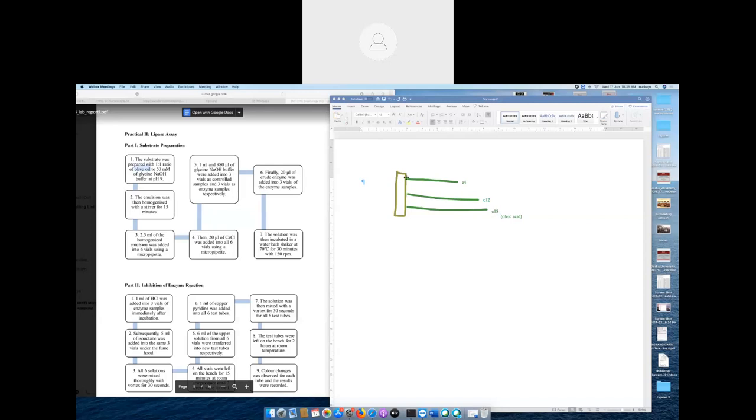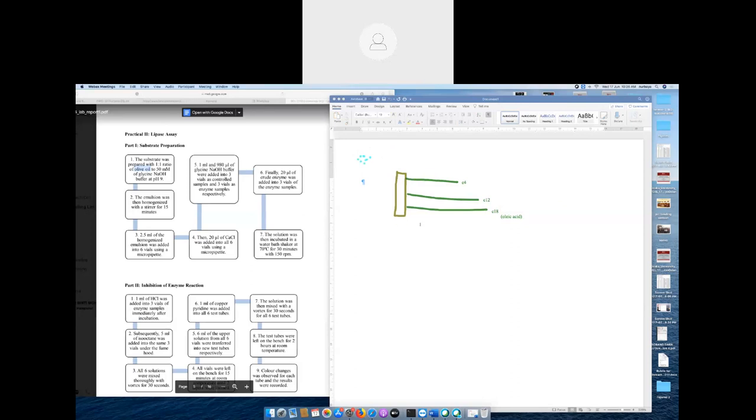So what happens when the lipase enzyme is active? This lipase will react on the triglyceride.